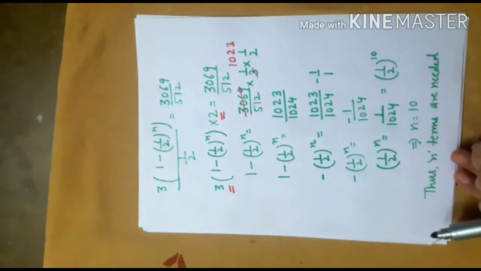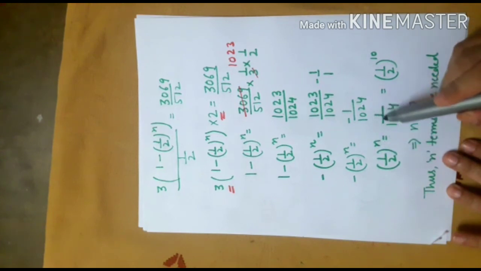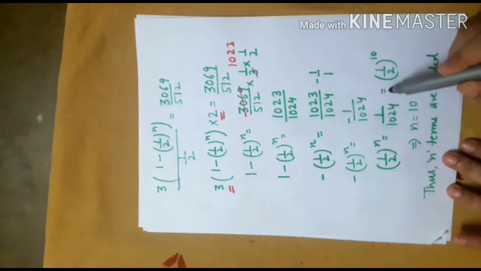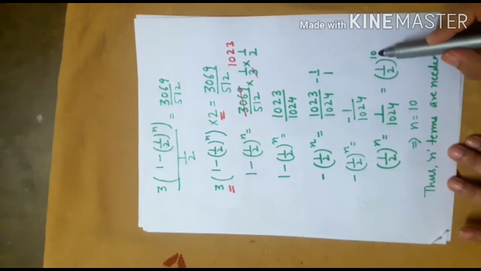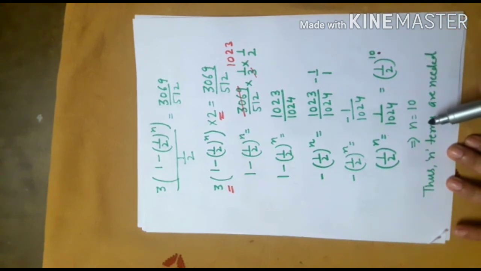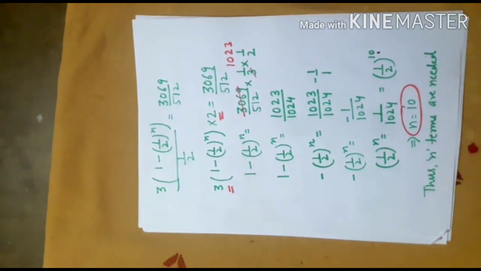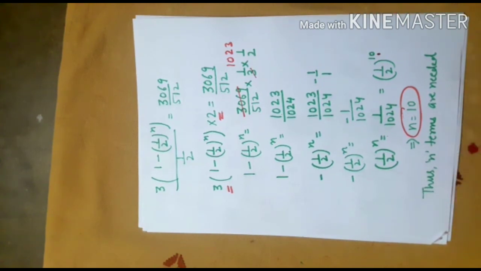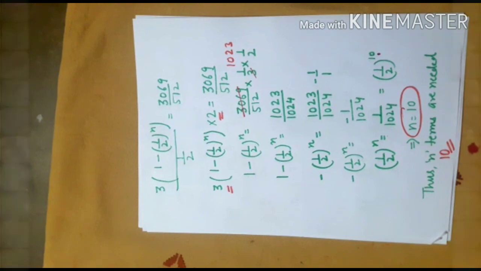So from here I'll get 1 by 2 raised to the power n equals 1 over 1024, which is the 10th power of 1 by 2, that is 1 by 2 raised to the power 10. So on comparison, I'll get n equals 10. How many terms are needed? 10 terms are needed to get this sum.